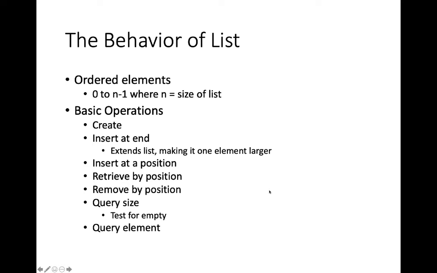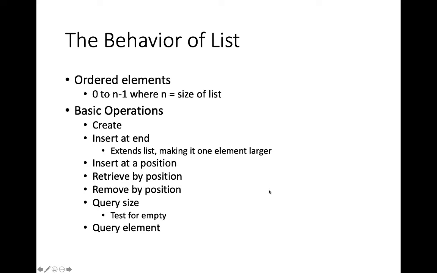Just like we want to be able to get things out of an array, we want to be able to get things out of a list. If I have a list, I want to be able to ask for a particular element in the list by its position. I may also want to remove an element by its position. That's often part of the behavior of a list as an abstract data type.